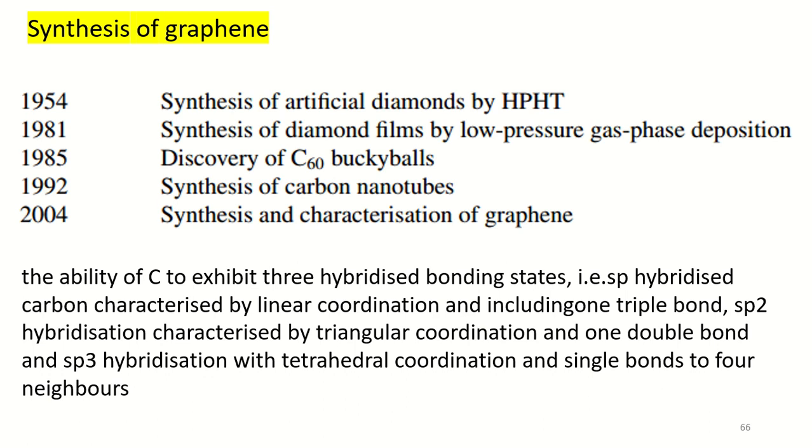And the second one is the ease of catenation, in which carbon atoms form bonds to other carbon atoms, subsequently leading to a large variety of two-dimensional and three-dimensional structures with a carbon backbone.